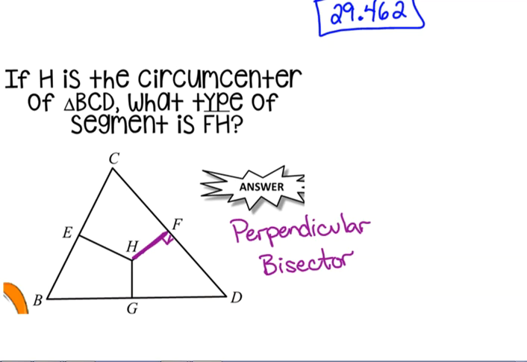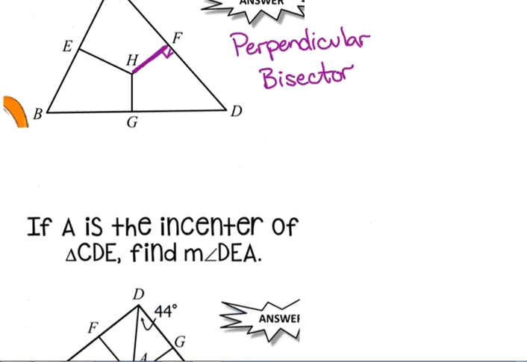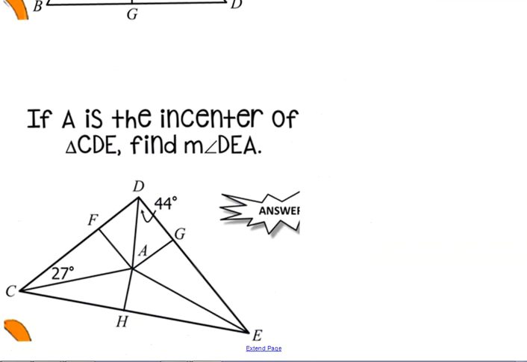All right, last one. If A is the incenter of triangle CDE, find the measure of angle DEA. Okay, DEA. So, incenter, what's it created by? Angle bisectors.